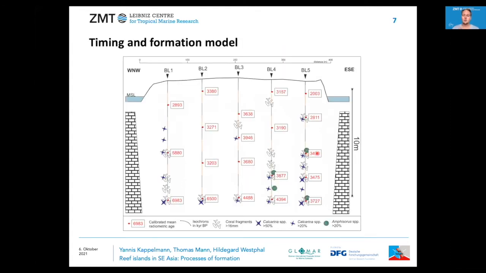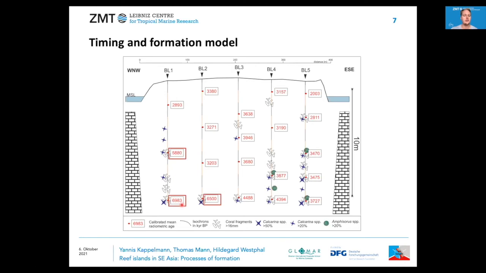Now coming to the really interesting part, the radiocarbon dating. We have selected some samples for radiocarbon dating, and I would like to draw your attention to these calibrated radiometric ages.